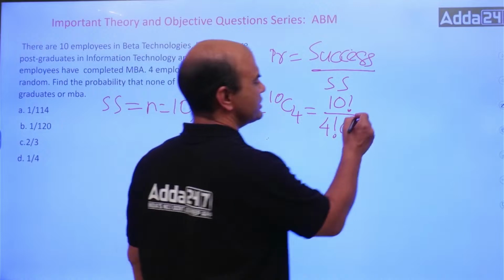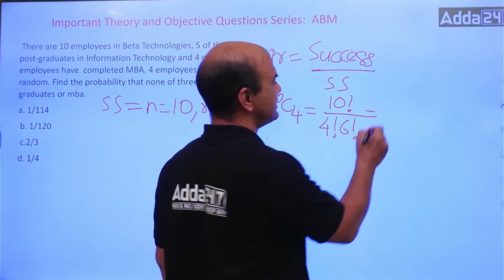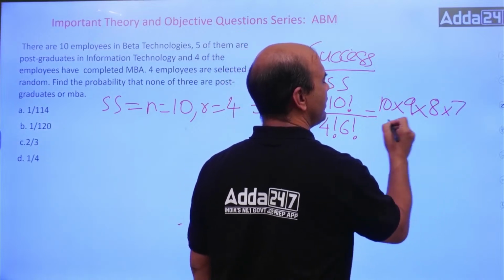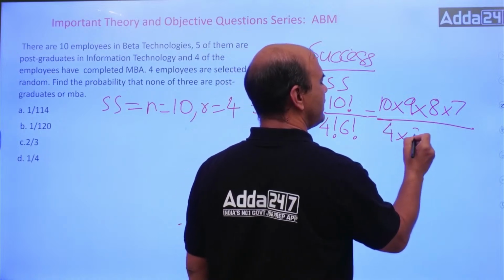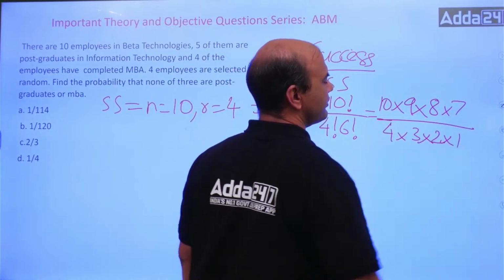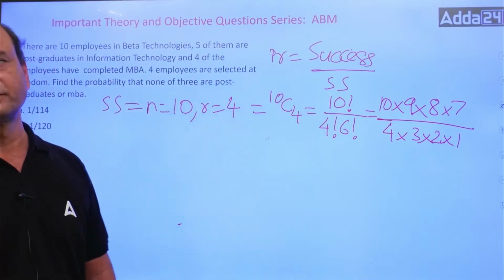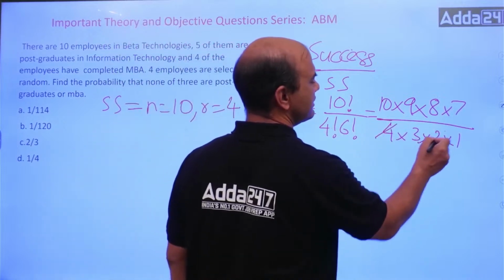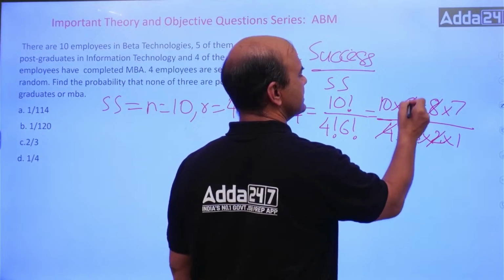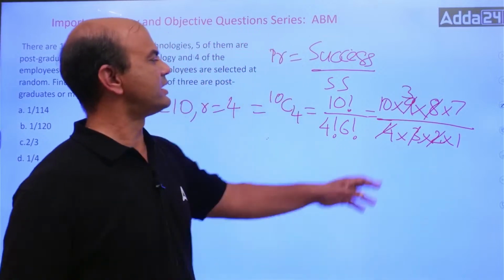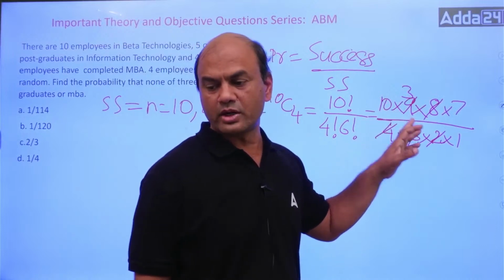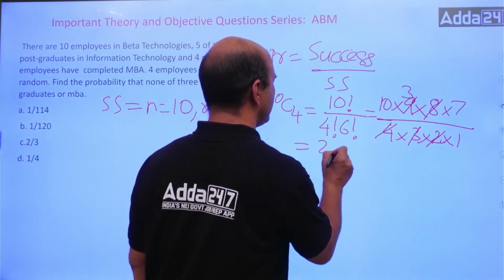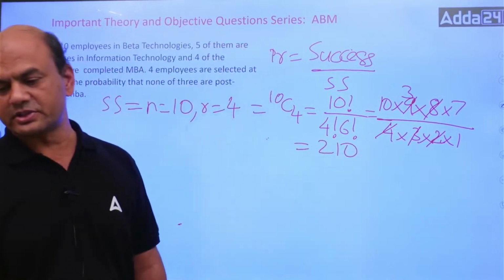So 10 into 9 into 8 into 7 upon 4 into 3 into 2 into 1. Right? Solve it. 4 twos are 8, so that gets cancelled. 3 threes are 9, right? So 7 threes are 21 into 10, 210. So your sample space is 210. This is your sample space.